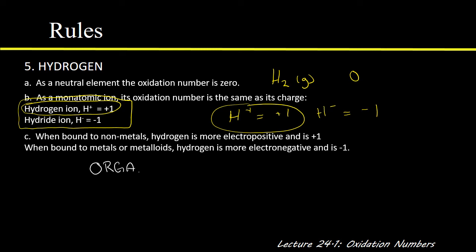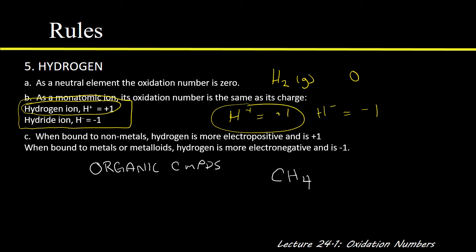One other thing that comes up with hydrogen is organic compounds. These are things where the carbon is the most important element. And for organic compounds, we typically write the carbon first, regardless of electronegativity.